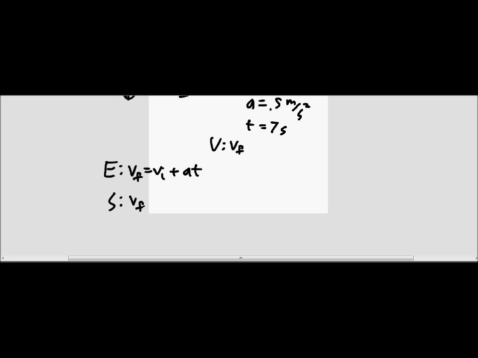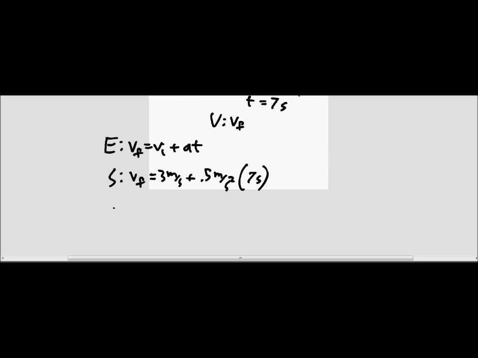So we've got velocity final is equal to 3 meters per second plus 0.5 meters per second squared times 7 seconds. And what that ends up giving us is the solution of 6.5 meters per second as the final velocity.